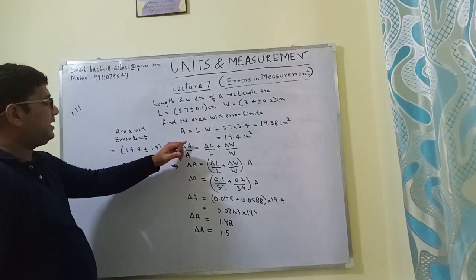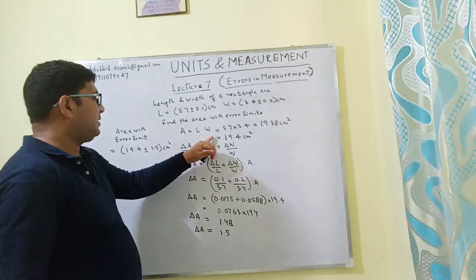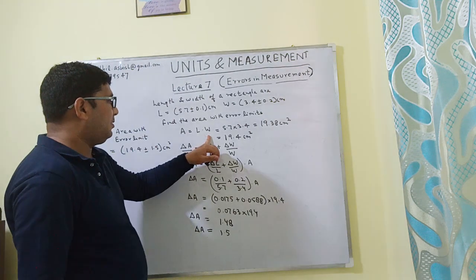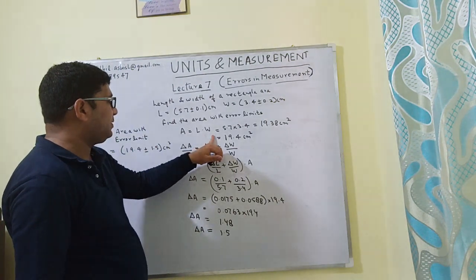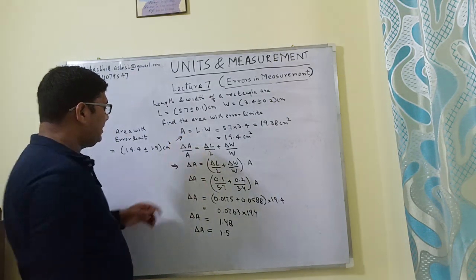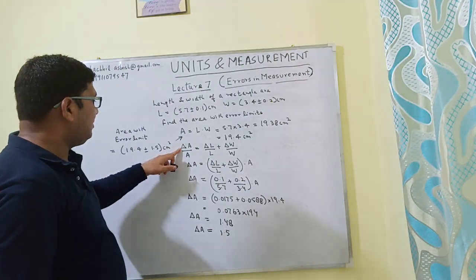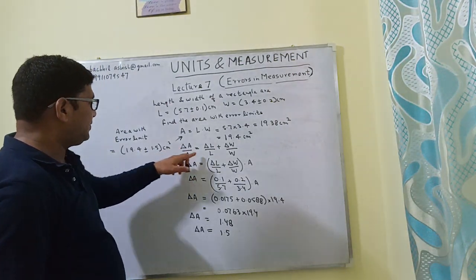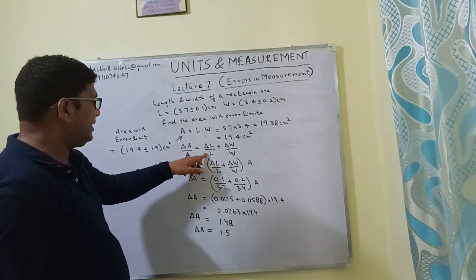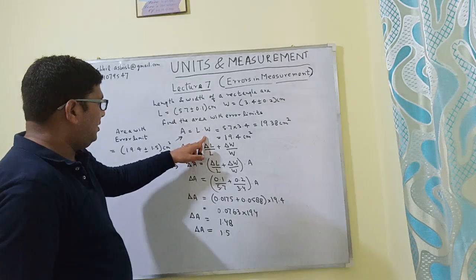So here the most important thing is that first of all we have applied the concept, or you can say the rule, of carrying out the arithmetic operation with the significant digits in the first step in finding the area, and then we know that the relative error of the measured value is equal to the sum of the relative errors of the multipliers.